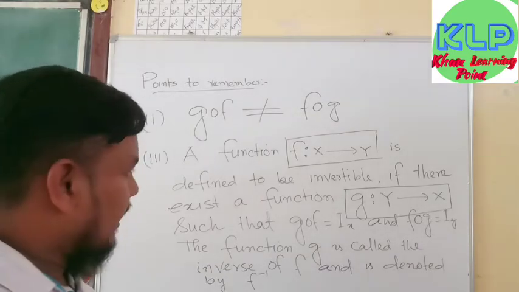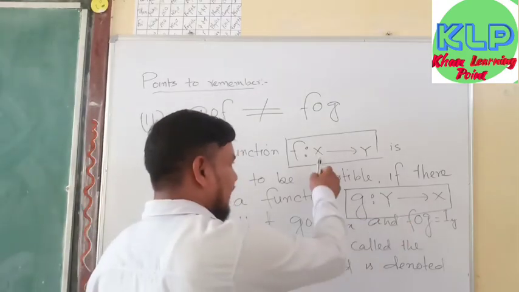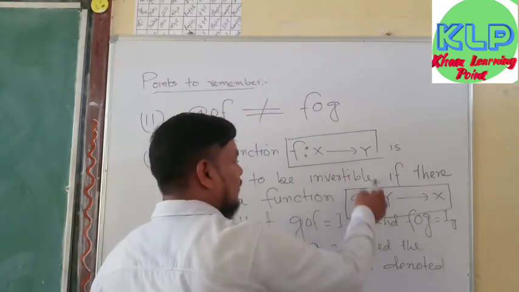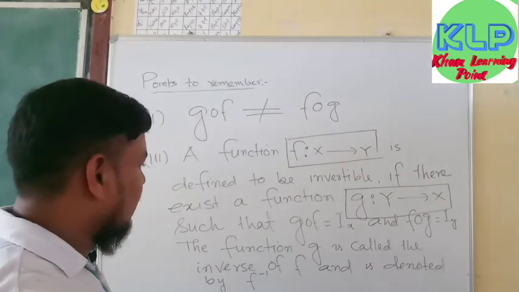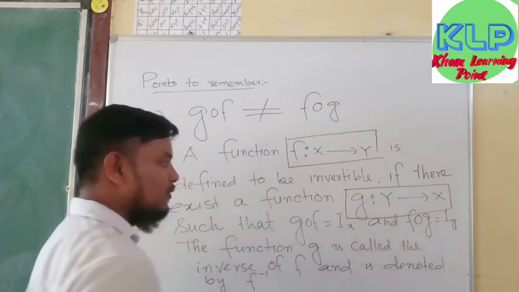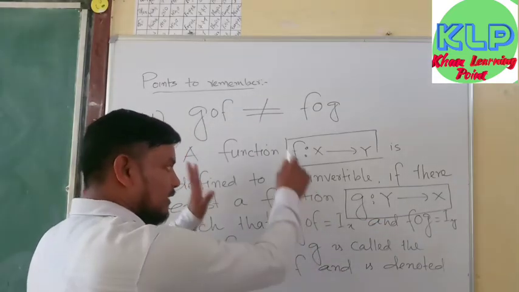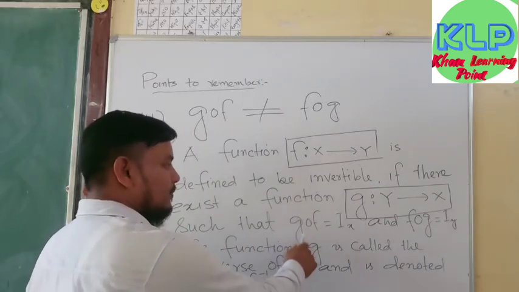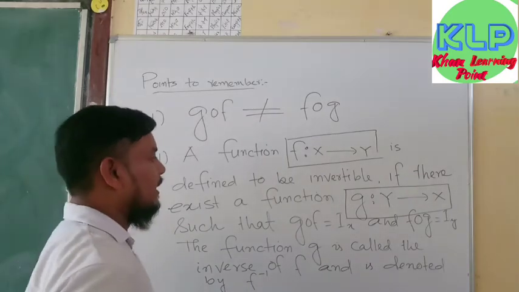Here you see f is a function from X to Y and g is a function from Y to X. Here the domain of f becomes the codomain in g, and the codomain of f sits as the domain in g. Okay, so to show invertible, what do we need to show? gof is equal to I_X and fog is equal to I_Y. If we can show this, then we say the function is invertible and g is the value of f inverse, that is g is equal to f inverse.